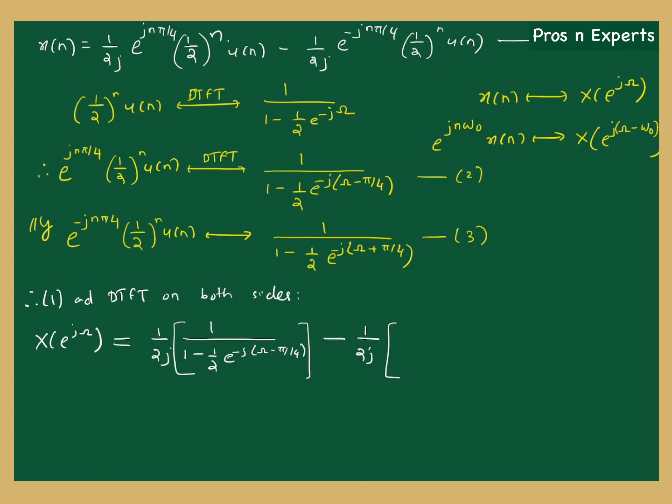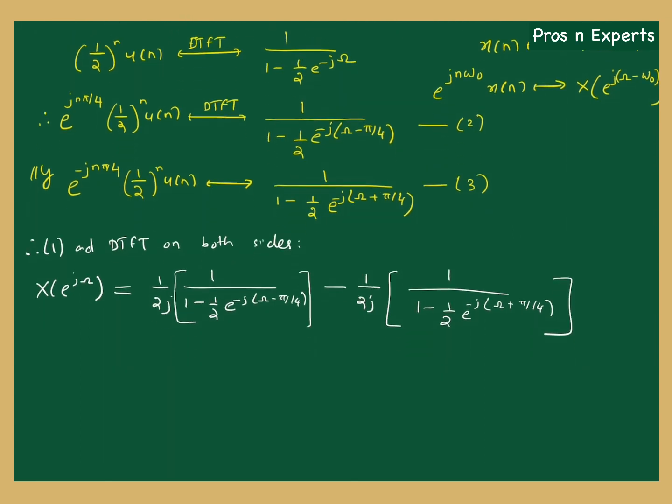So I can write it as 1 by 1 minus half e raised to minus j into omega plus pi by 4. There's no other difference. Okay, so we have got an expression for X of e raised to j omega, which is a little bit bulky. So what you need to do is just simplify it. All that matters is simplification.